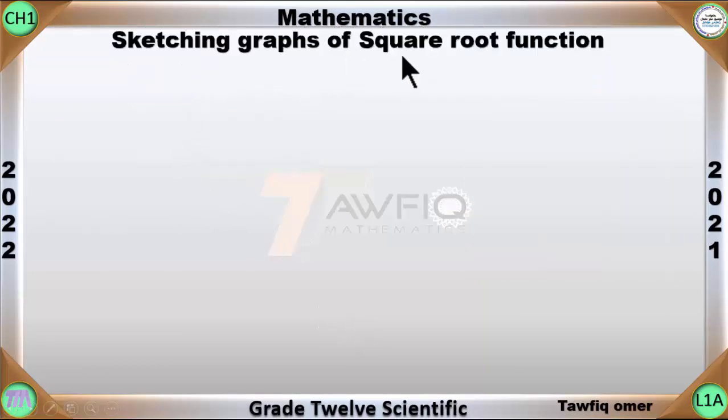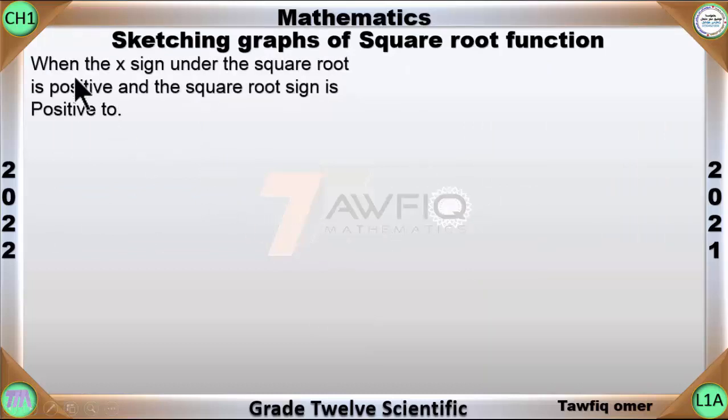Sketching graphs of square root functions. When the x sign under the square root is positive and the square root sign is positive too, then for the equation f(x) equals square root of (x minus h) plus k, the graph starts at the point (h, k) and goes to the right and up, like this.